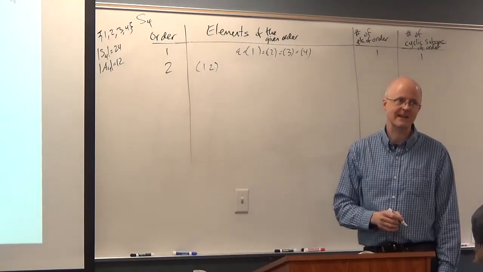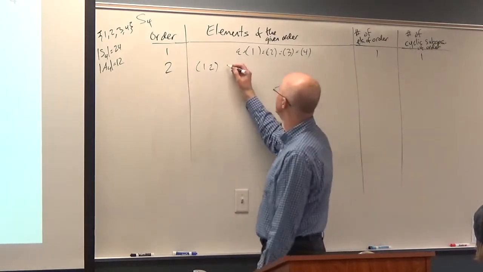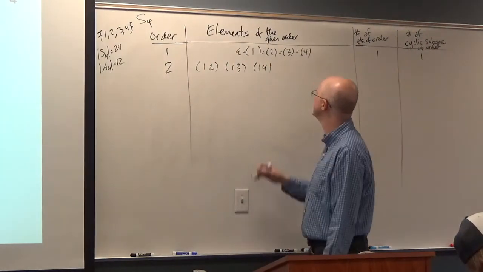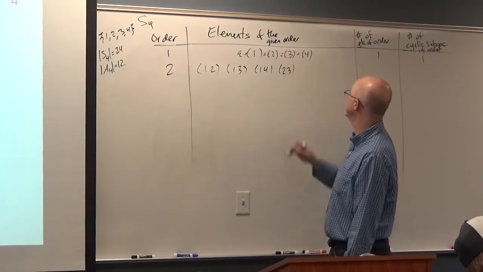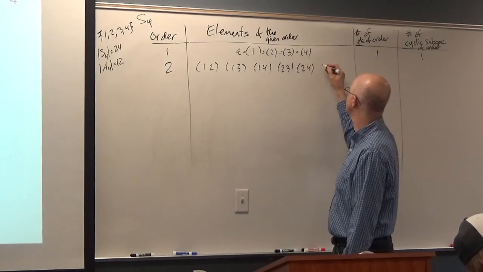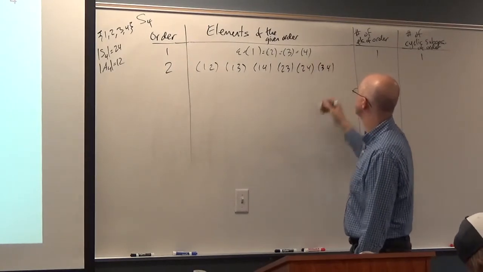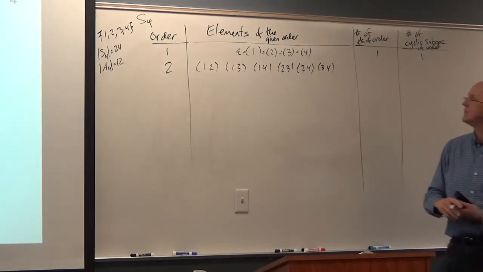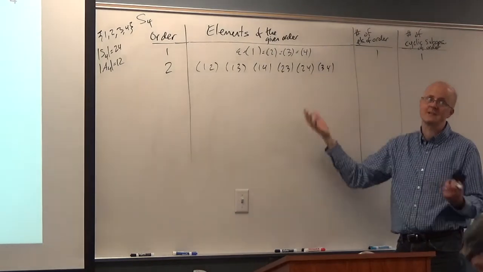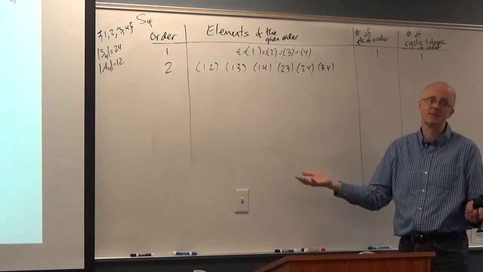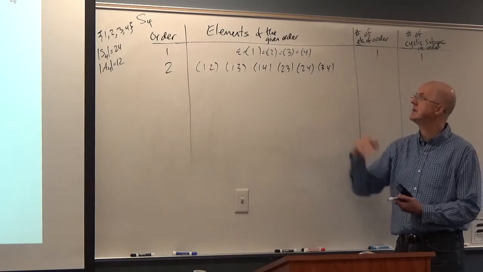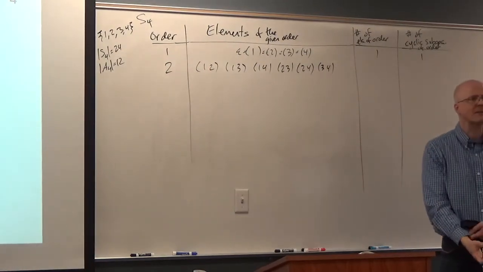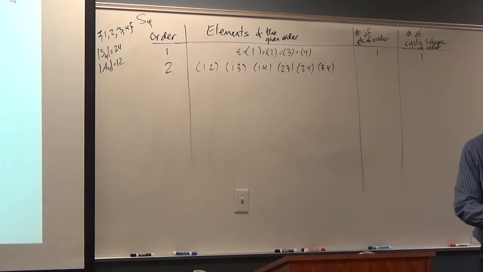No, because it represents the exact same permutation. (1 3), (1 4), (2 3), (2 4), and (3 4), up to reordering, which doesn't change the permutation, it's just a different symbol for it. These are the 2 cycles, right? 6 of them. Are those the only elements, though, in S4 that have order 2?